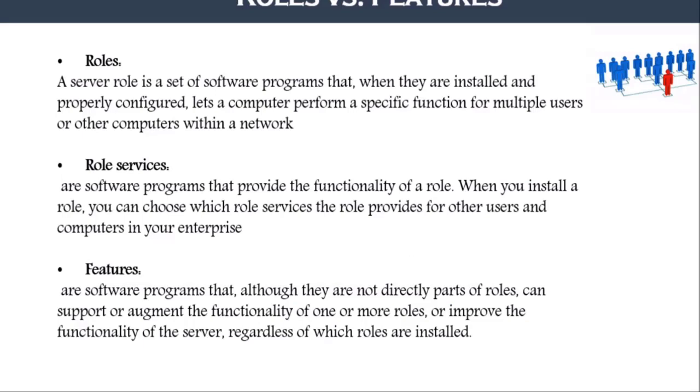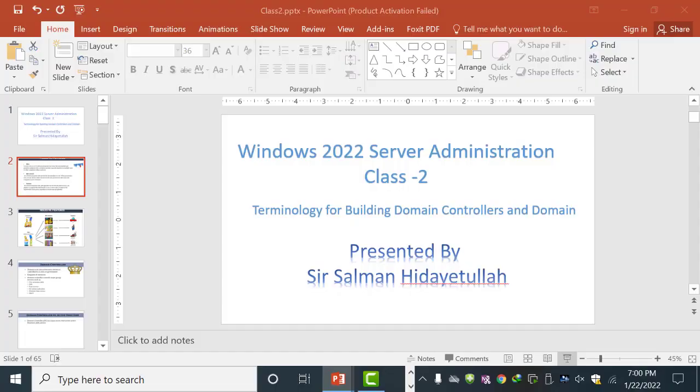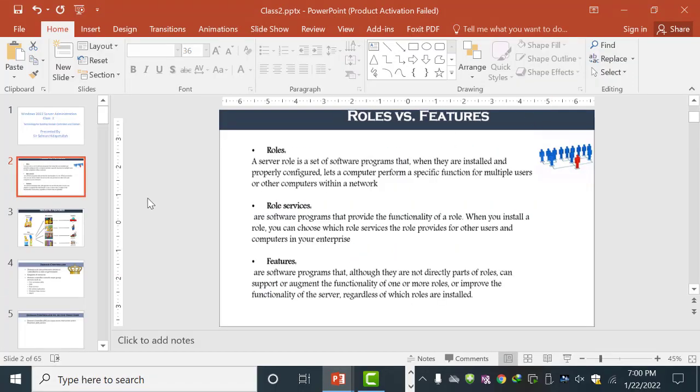So first of all, we will discuss the role services and features. What are the roles? A role is a set of software programs that, when they are installed and properly configured, lets a computer perform a specific function for multiple users or other computers within a network. For example, we have a role in our server operating systems which is called DHCP.